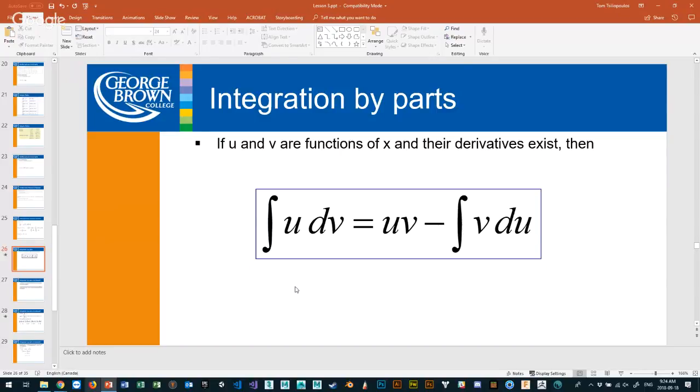Where u and v are functions of x, and both of their derivatives exist. So the derivatives have to exist for this function to work, right? And it's almost like I have some integral of u with respect to v. So it's not anymore with respect to x.